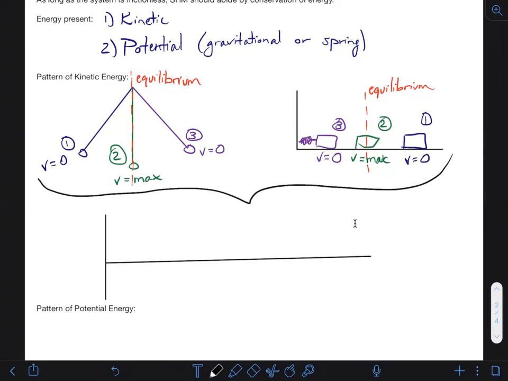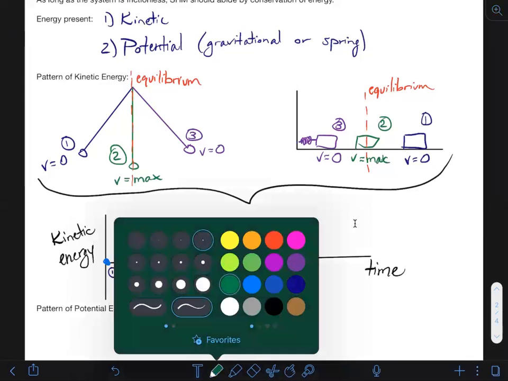But then we speed up until we get to some kind of maximum. Starting at position 1, by the time we pass through position 2, our kinetic energy is going to go up, up, up.